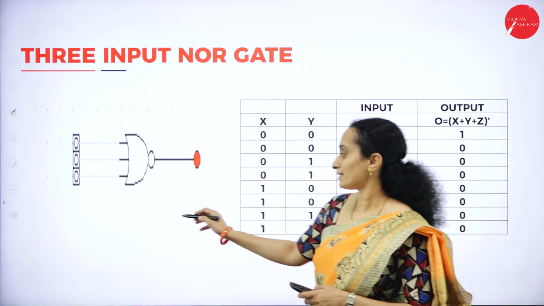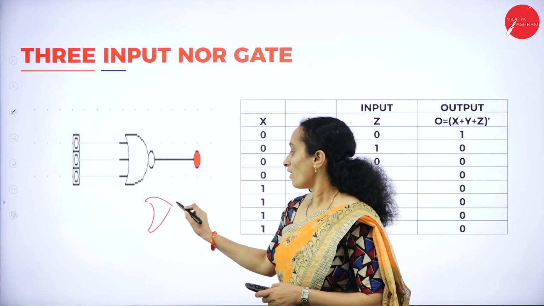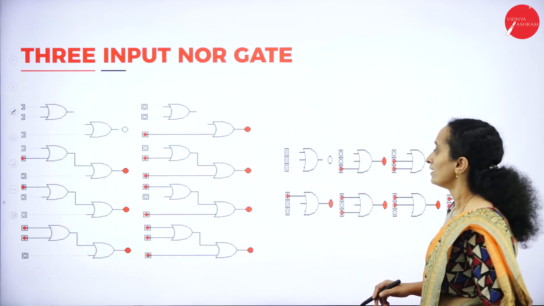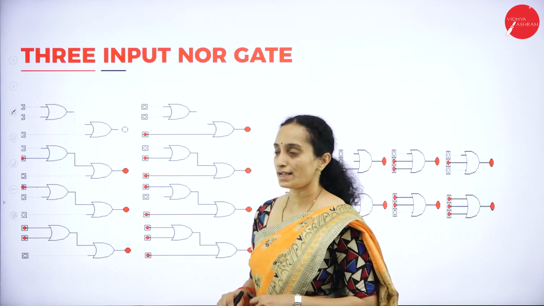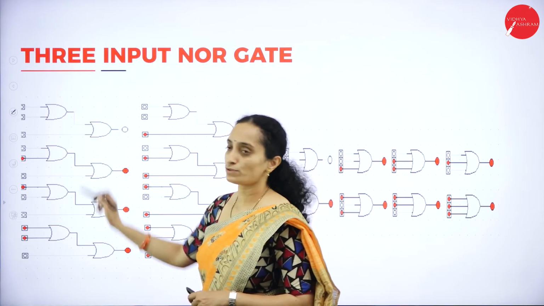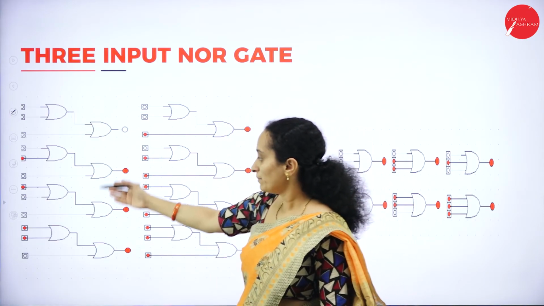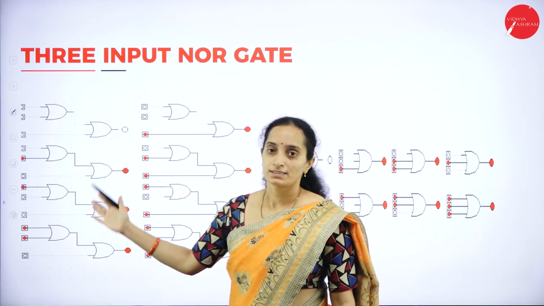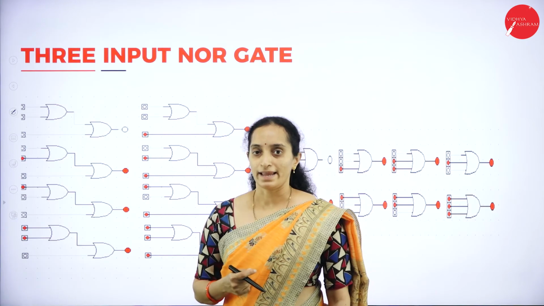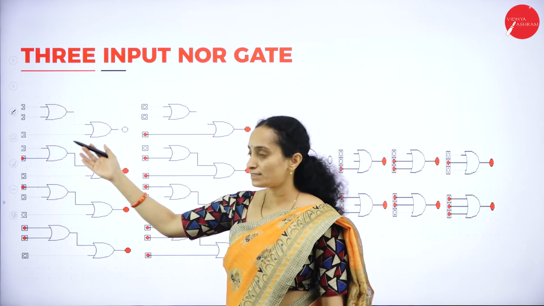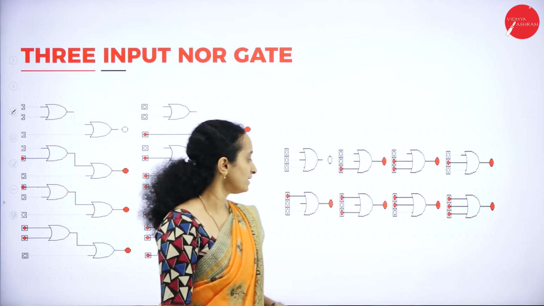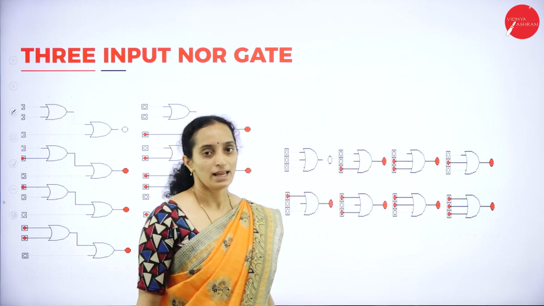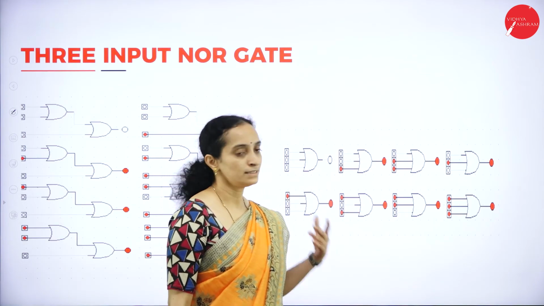So this is the representation, a NOR gate with 3 inputs. Okay. How you represent the NOR gate is like this. 3 input NOR gate with same zeros and same combination. You can use 2 NOR gates with 2 inputs and 1 NOR gate with 3 inputs. Both can be carried out.